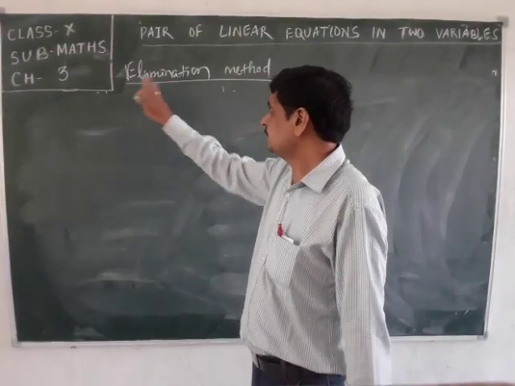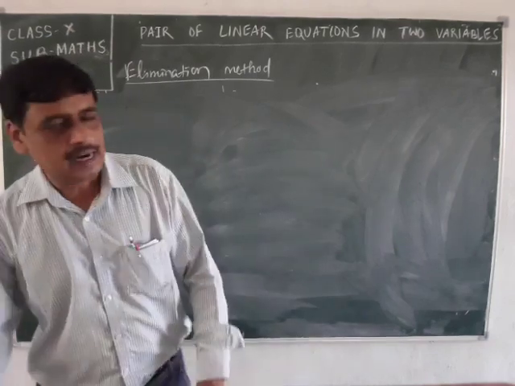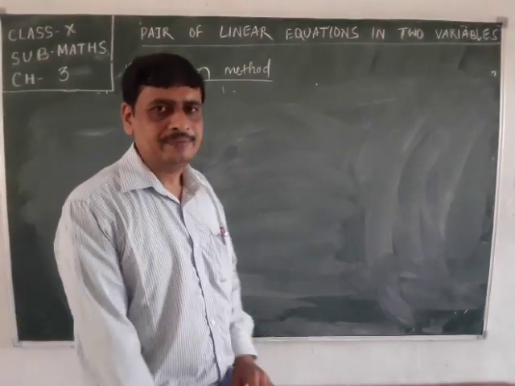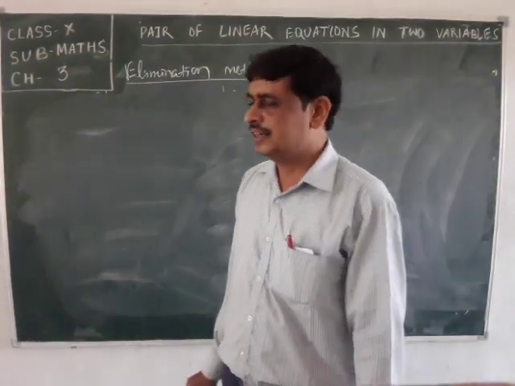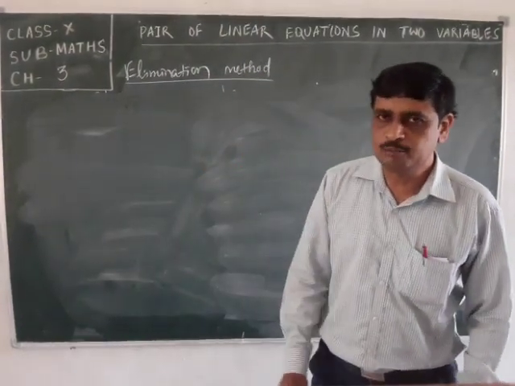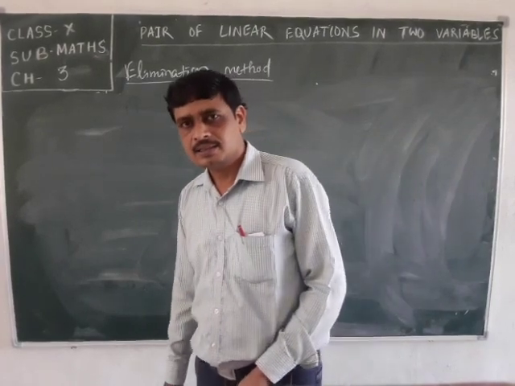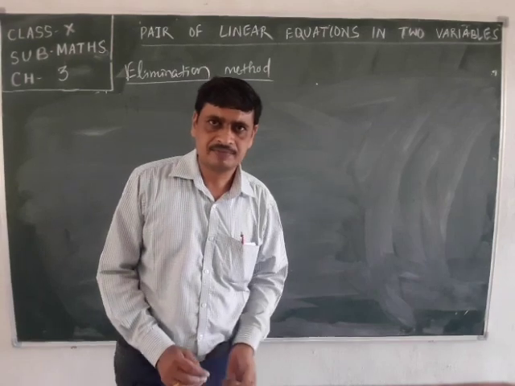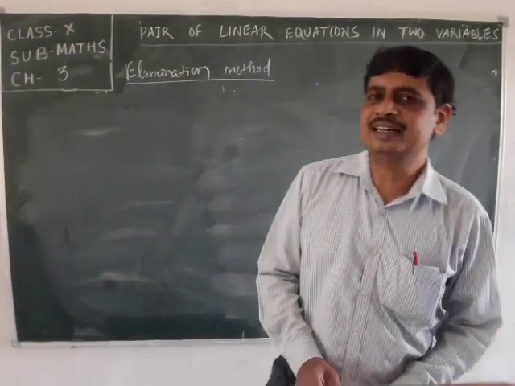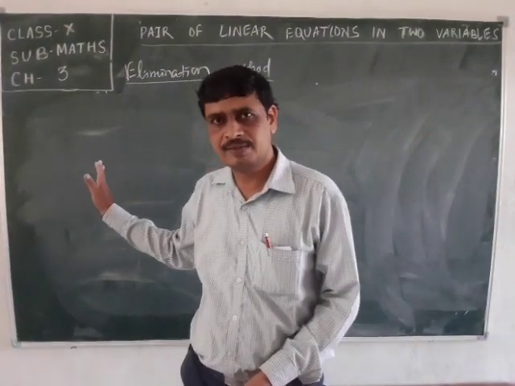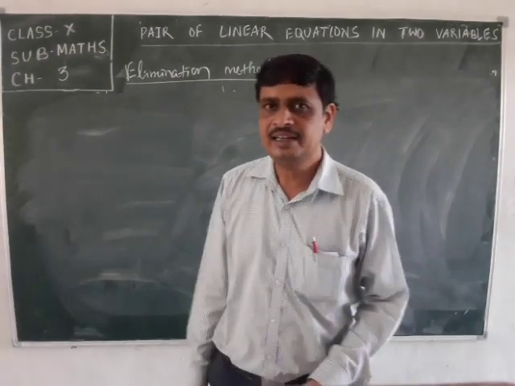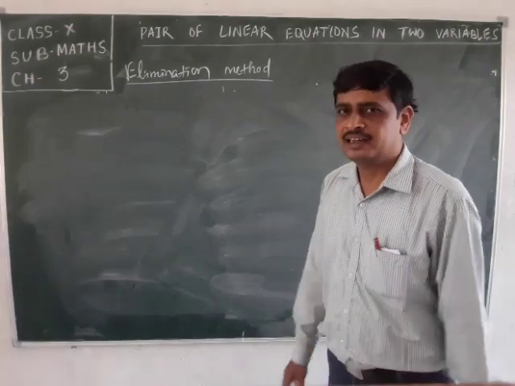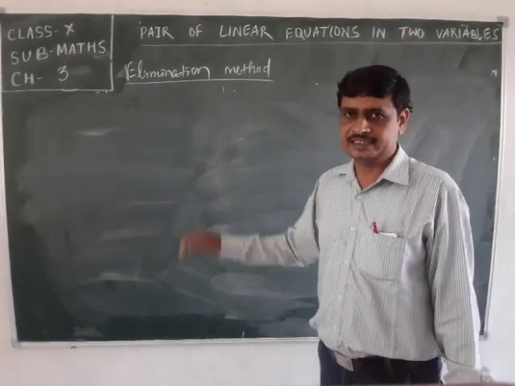Now we will discuss the elimination method. How does this elimination method help to solve a pair of linear equations? Elimination means removing. Since the pair of equations contains two variables, if one of the variables is removed from both the equations, then there exists only one variable and that variable will be evaluated easily.